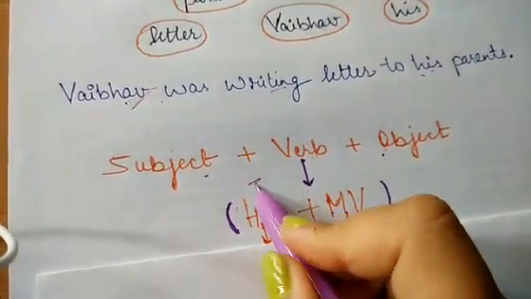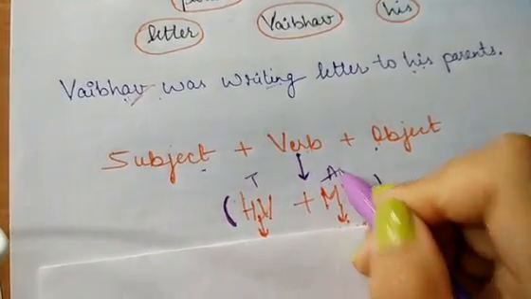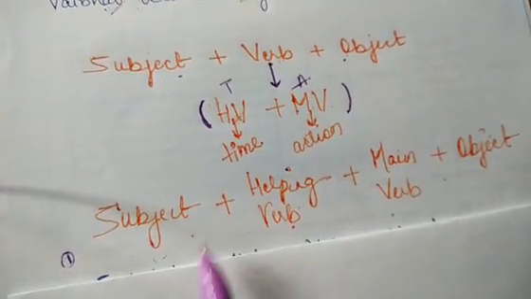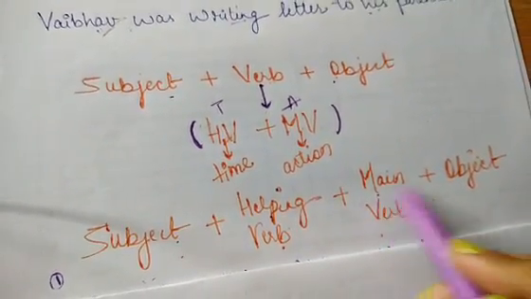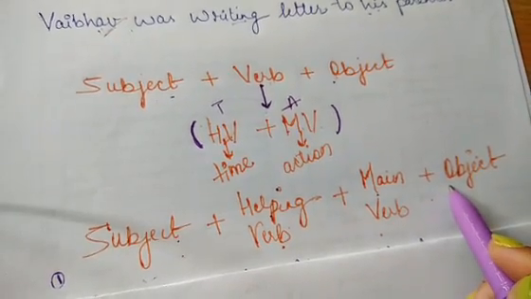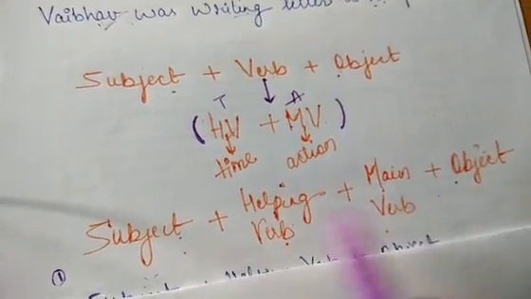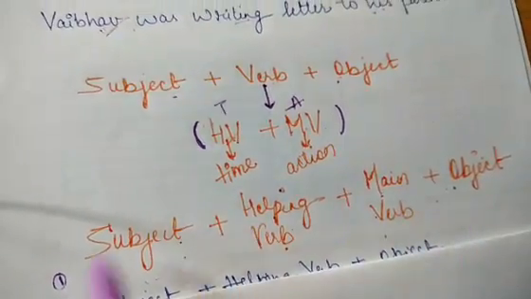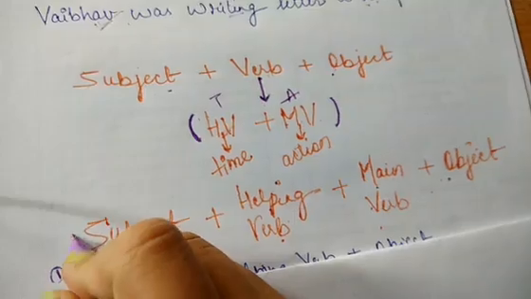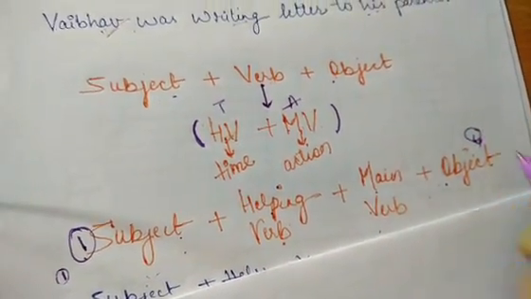The helping verb tells us about time and the main verb tells us about the action. So, the structure of a sentence becomes subject plus helping verb plus main verb plus object. There are 4 things required to write a sentence, that is subject, helping verb, main verb, object, and this is the sequence followed, with subject first and the object at last.